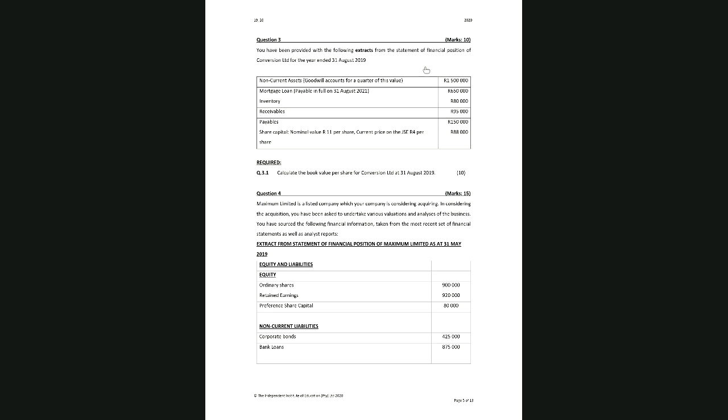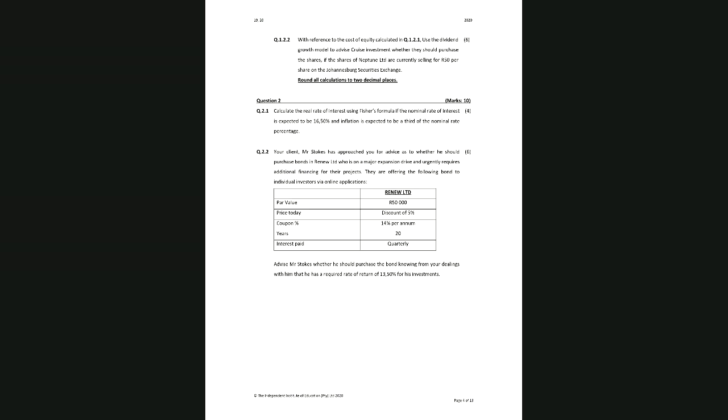Purchase price. What was the 5%? I can't remember. Yes. The price that the bond is selling for is 50,000 less 5%. The price today, so that's the price that you could purchase it for.